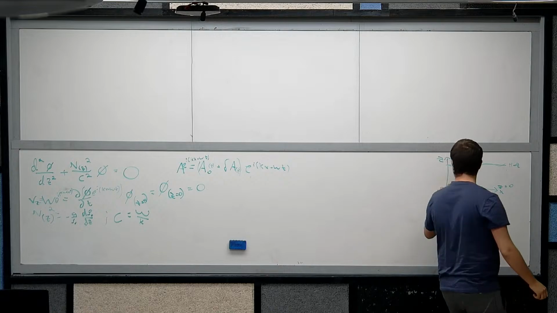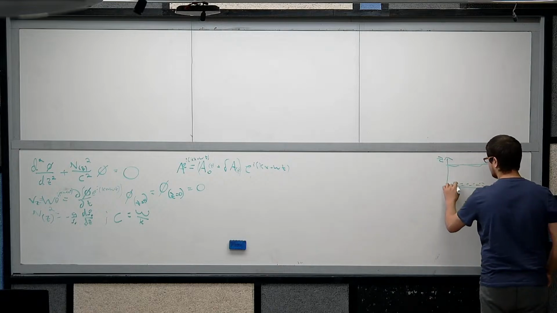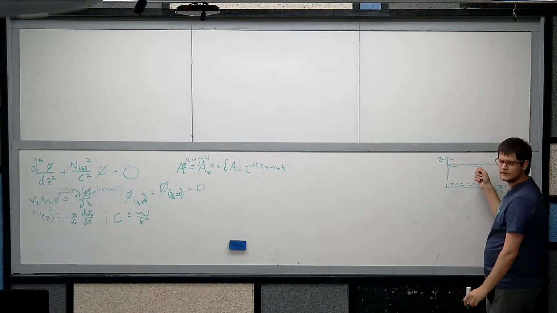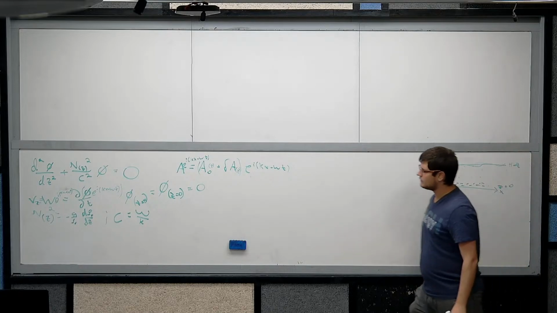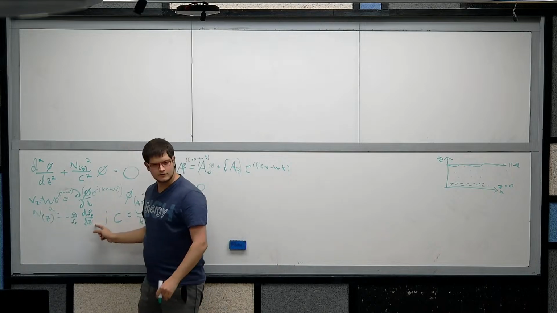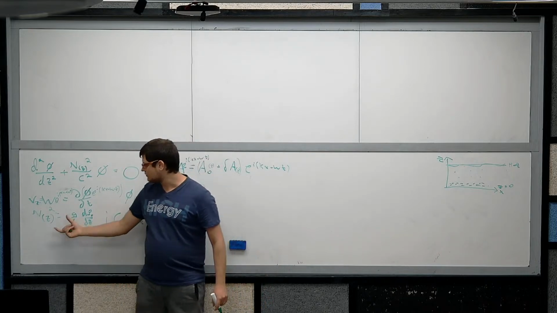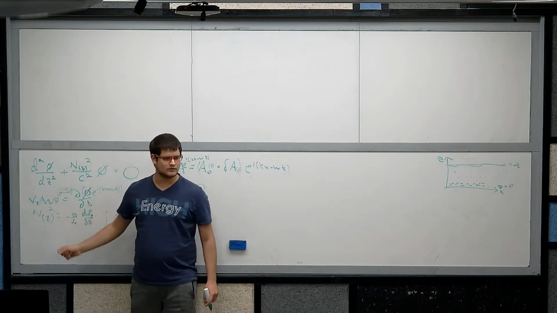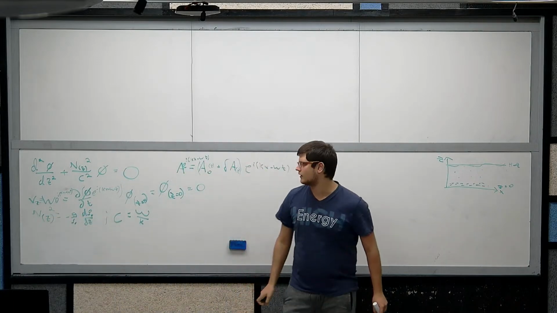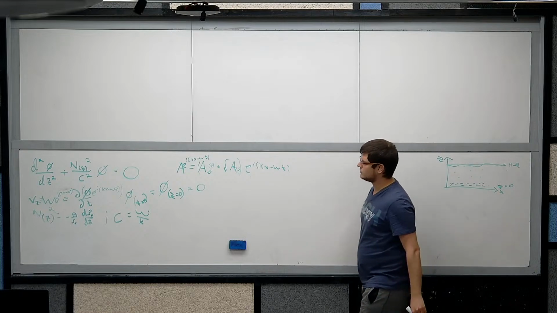It will be more and more dense here, and here it will be less and less dense. So the derivative with respect to z will be negative. That's why I have the minus sign here to make that positive.